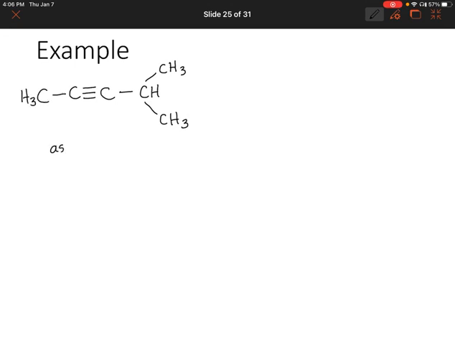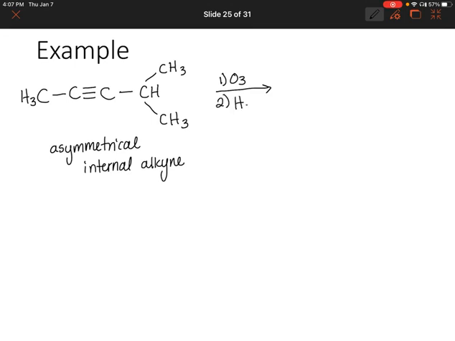Okay, so this is our asymmetrical internal alkyne. And we're going to perform ozonolysis. Okay, so let's see what happens.